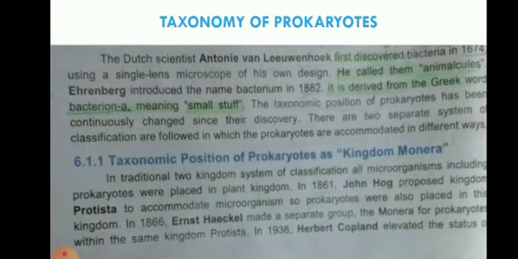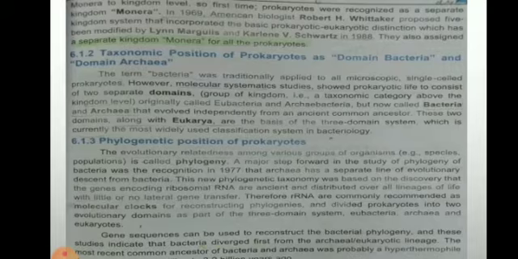He proposed a three kingdom system in which the kingdom Monera was defined for the prokaryotes. Herbert Copeland then elevated the status of Monera to kingdom level. Before that it was not a kingdom, just a separate group, but later it was established as a proper kingdom Monera.